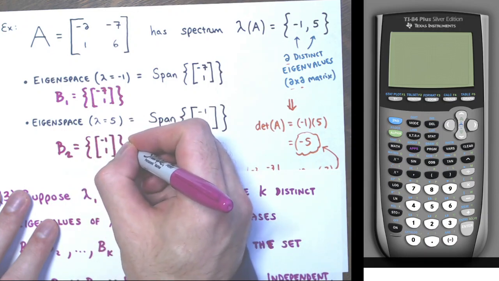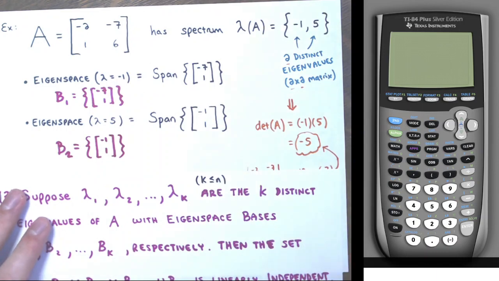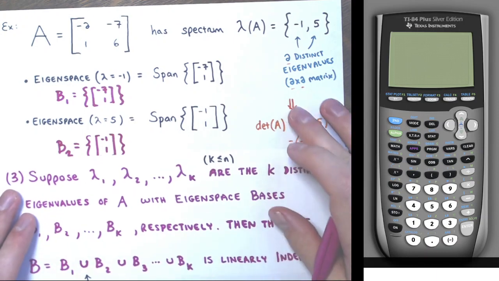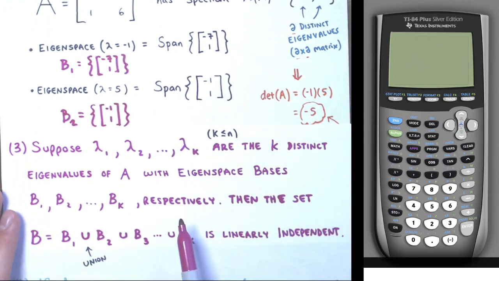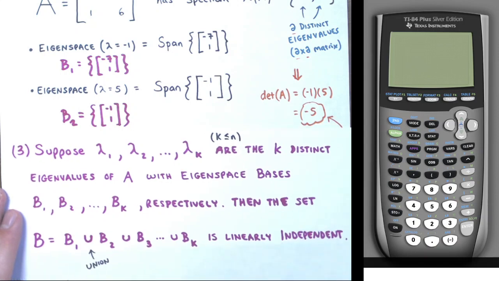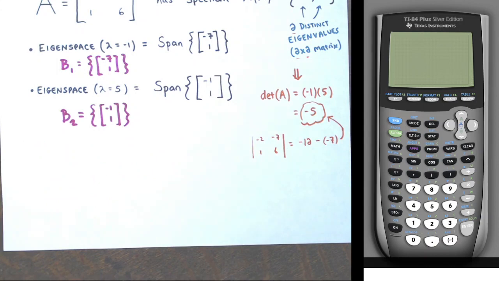Okay, so there's all the bases of every single eigenspace, of all the eigenvalues of this matrix. Now, according to this statement, the set that is the union of these bases of the eigenspaces will be linearly independent.